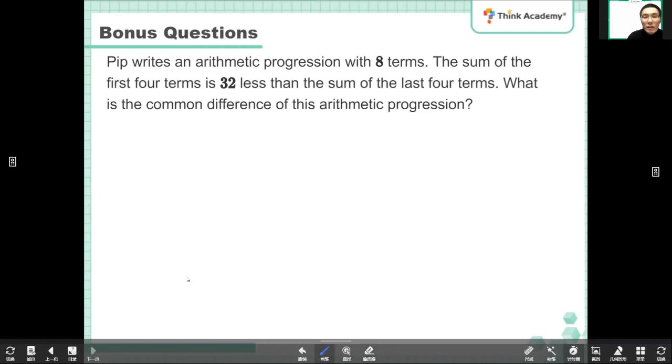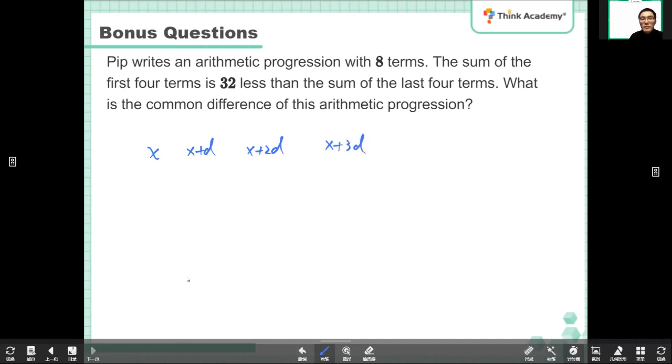So Pip writes, we have 8 terms. The sum of the first 4 terms is 32 less than the sum of the last 4 terms. What is the common difference? Right, so the first term will be x, let's say. Then the second term will be x plus d, the third term x plus 2d, the fourth term x plus 3d.